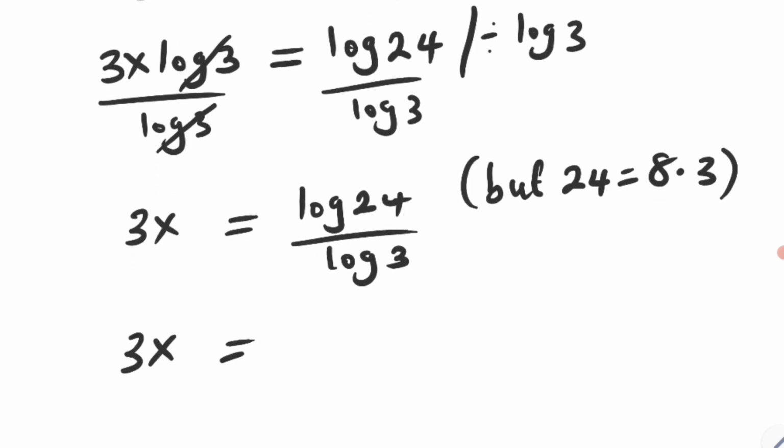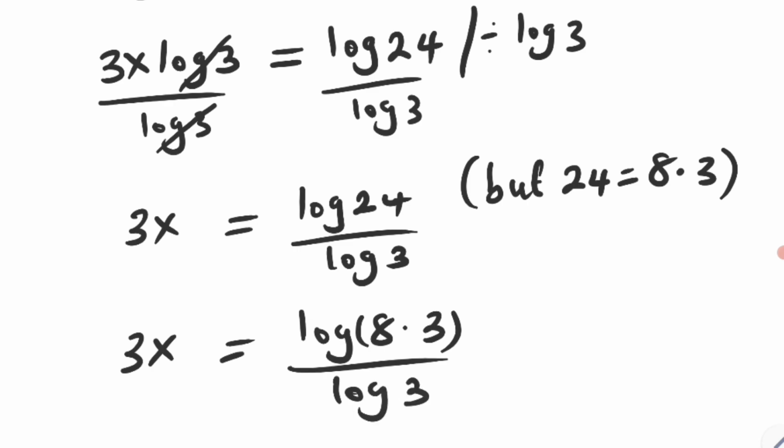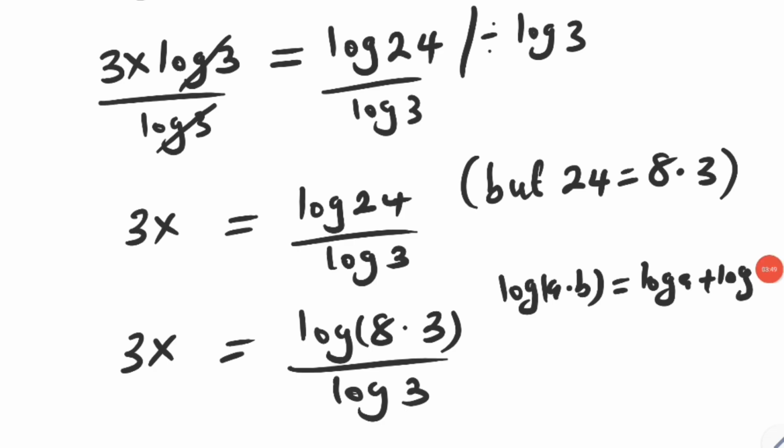3s is equal to log 8 multiplied by 3 over log 3. If you have log a multiplied by b, this is equal to log a plus log b.